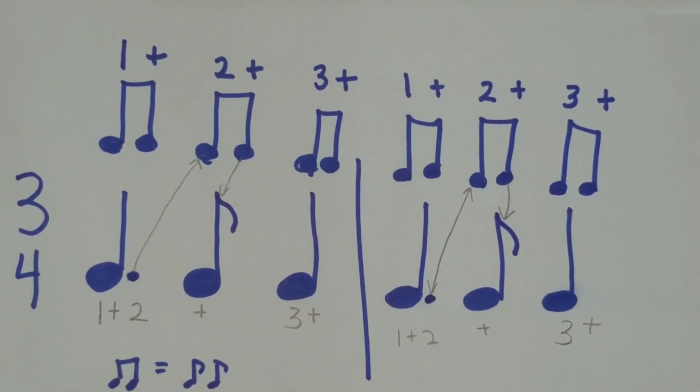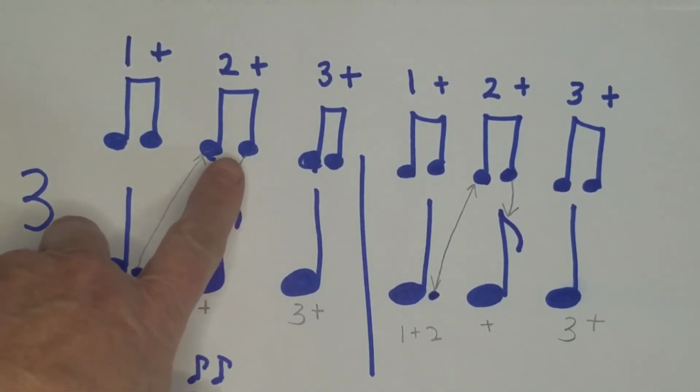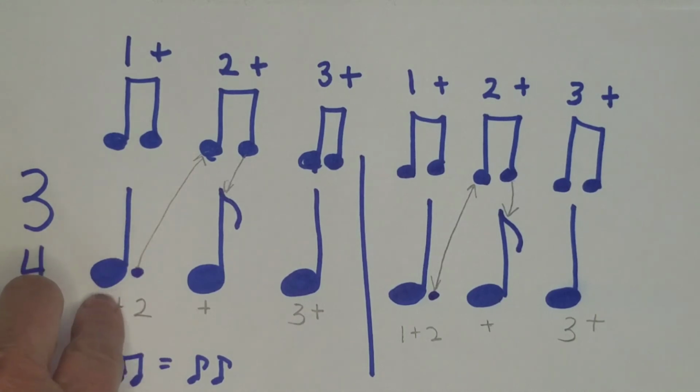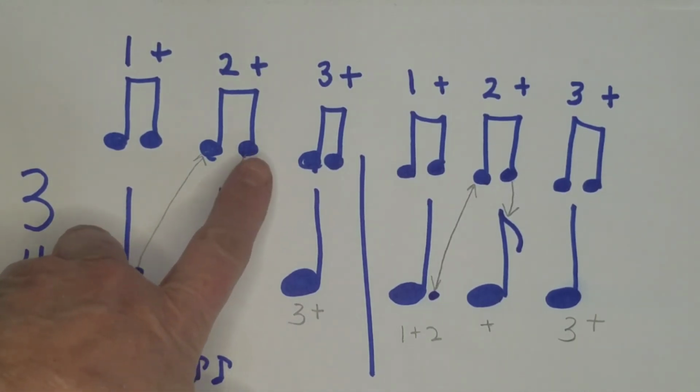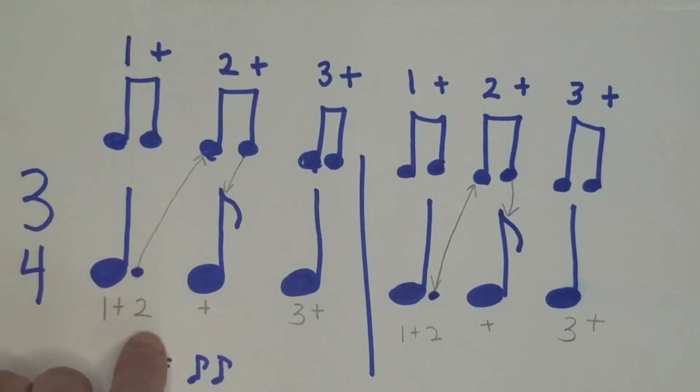So we ask, what does the dot do? It actually changes the way we count because we have to divide our quarter notes in half to take half of a value here and the other half goes here. And if we don't count with the ands, then we're not going to be accurate.